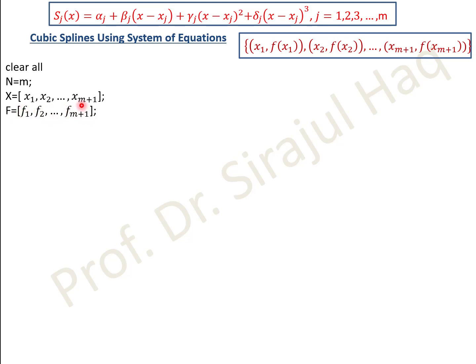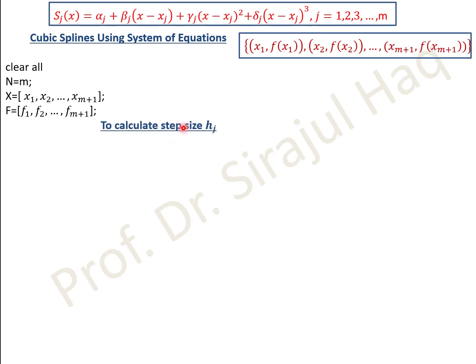These are the numbers coming from your data, the f of xi's. But if you write in this way, again with dots, you have to complete this portion. How many points do you have? I assume that we have m number of points. So this will be the second component of this data that the computer will recognize.